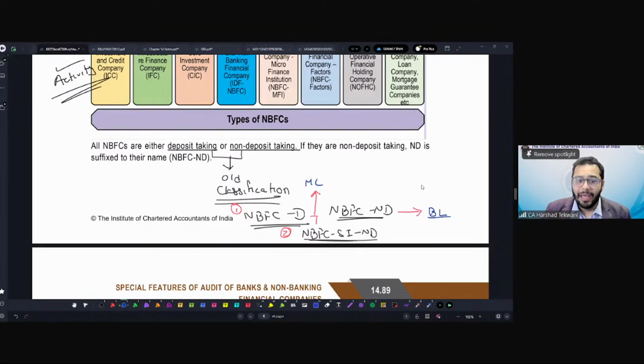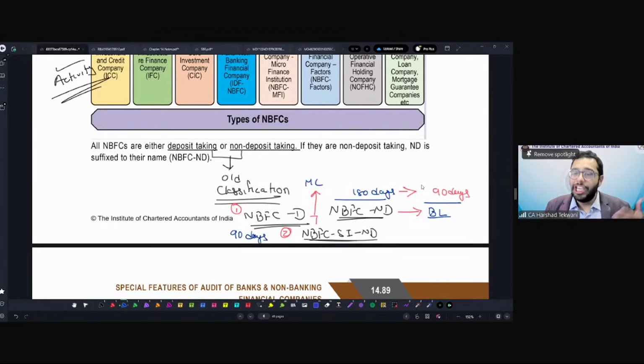So for base layer, earlier the requirement was 180 days, which is now being shifted to 90 days to bring parity between all the requirements. But for middle layer, or for D and SI-ND, that is systematically important, it was already 90 days earlier.